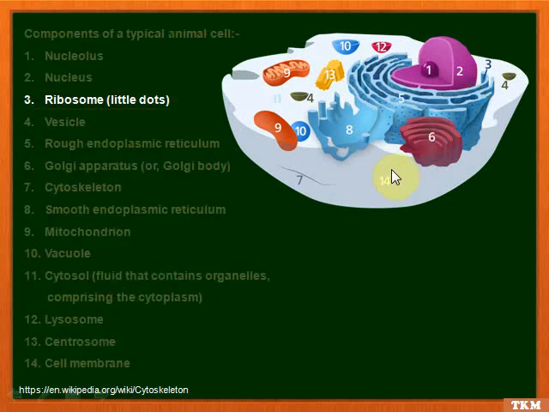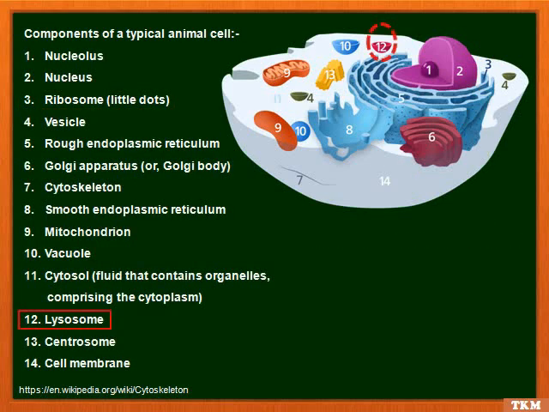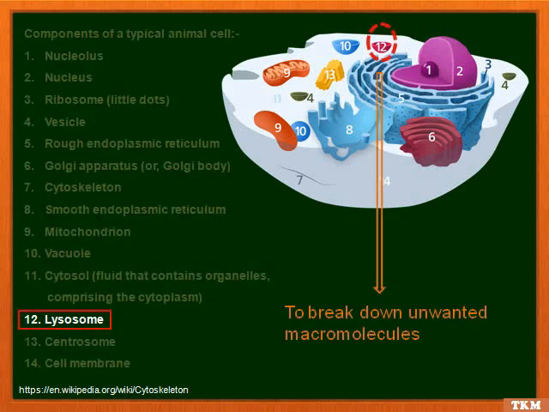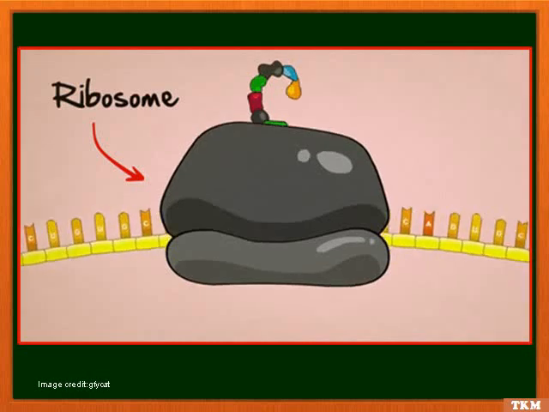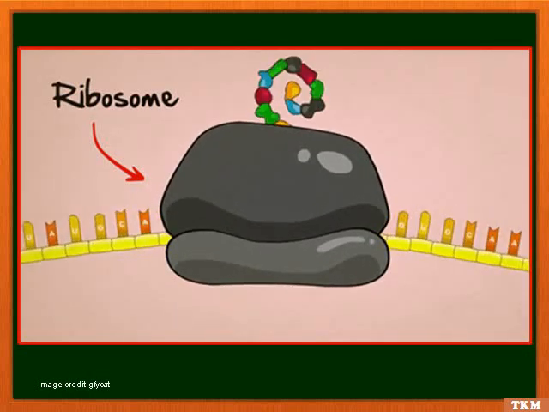And what's the function? It's a site of protein synthesis. Then coming to lysosome, you can see over here, and its function is to break down unwanted macromolecules. So this is a simple animation wherein you can see how the ribosome is involved in protein synthesis.